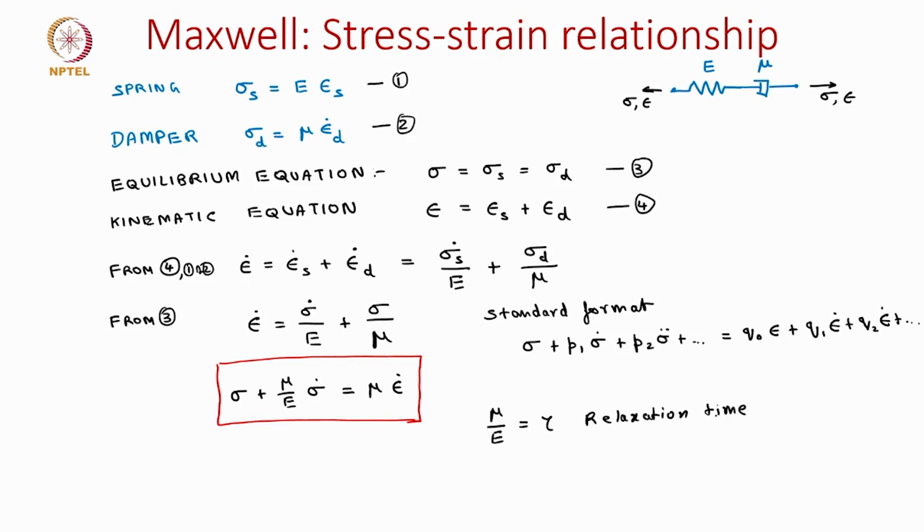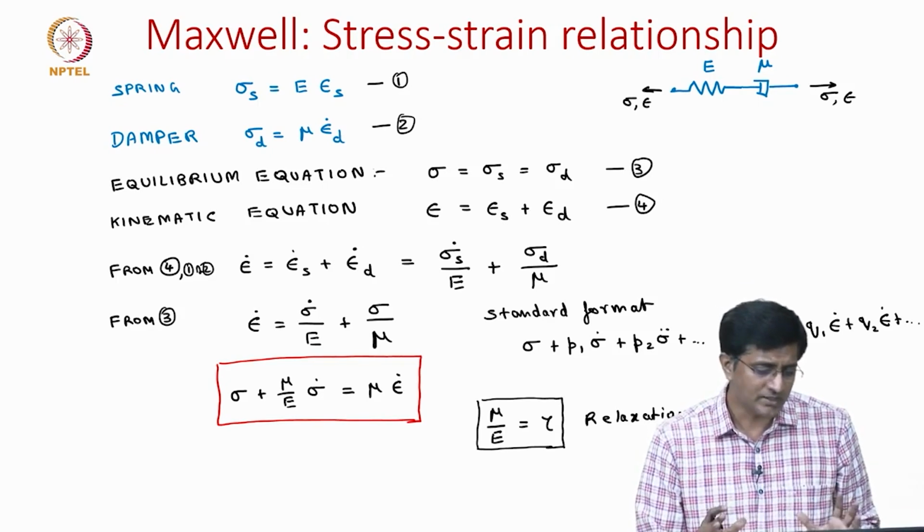Later when we go through the video, we will again come back to this relaxation time and see what is the physical interpretation of it, or how do we get it from experimental data. But this is an important terminology which we will be coming back to while solving or using these equations.